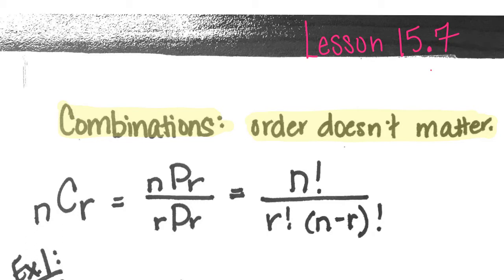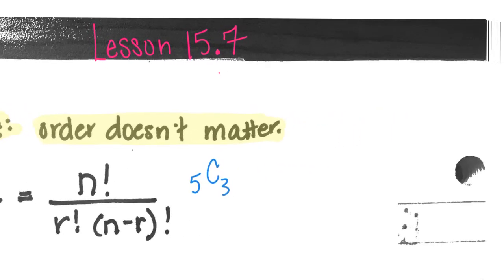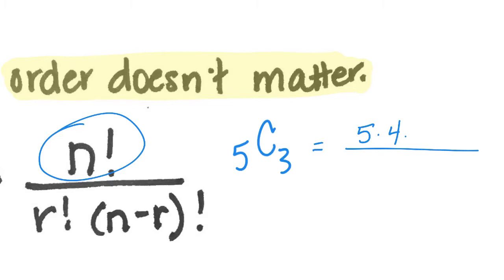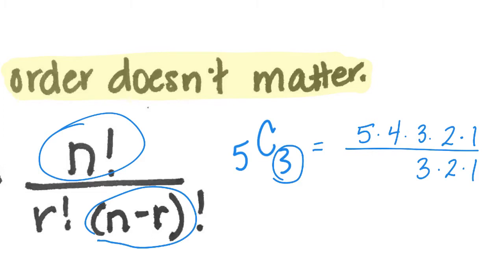So let's say that we had 5 combination 3. If I was to use this formula right here, which again I don't like because I always have a new trick up my sleeve, you know me, we would take 5 factorial, 5, 4, 3, 2, 1, and put that over 3, 2, 1, and then n minus r, which is 2, 1.